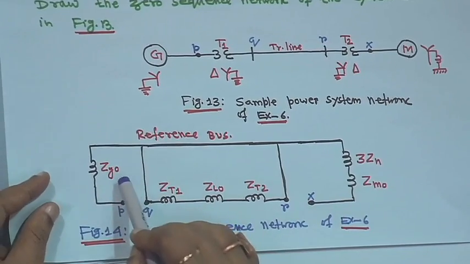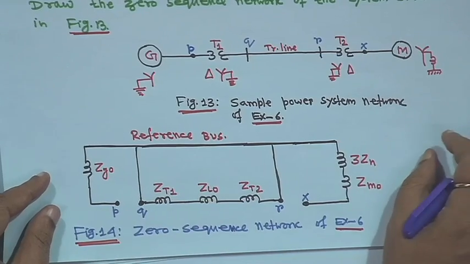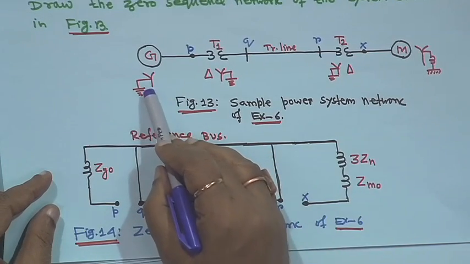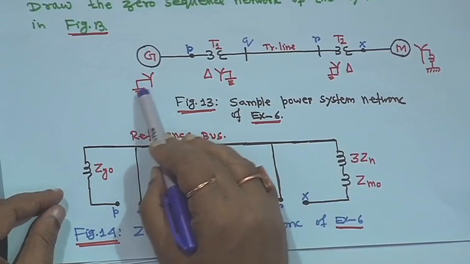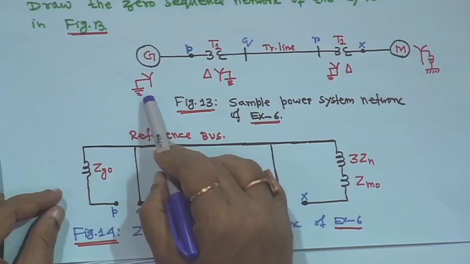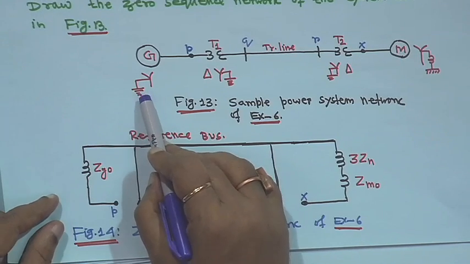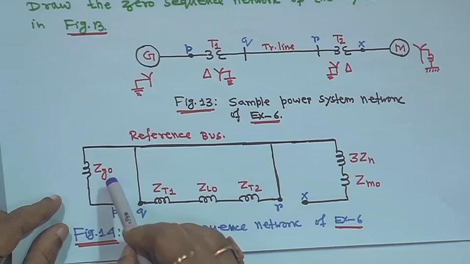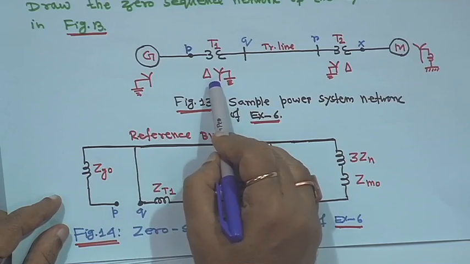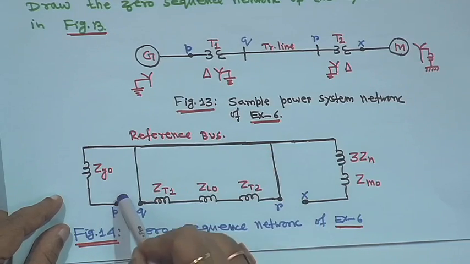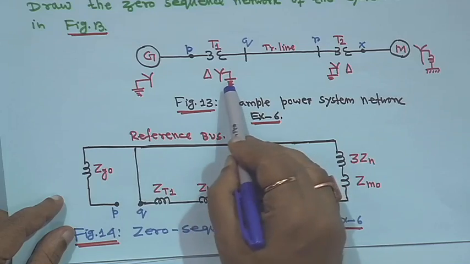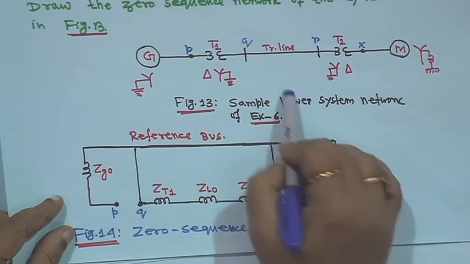So, here I have made it Zg0, because you are assuming that there is no ground impedance here. So, I have not made it 3 Zn, assuming Zn is 0. So, in this case it is Zg0 and this is star grounded, but delta isolation will be there. So, this is actually open, then this side star grounded, this side also star grounded.